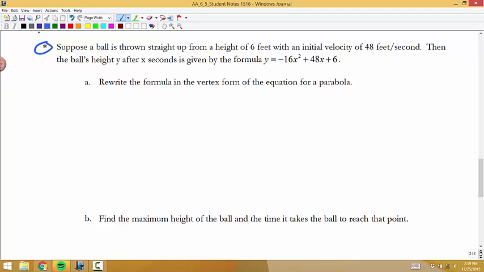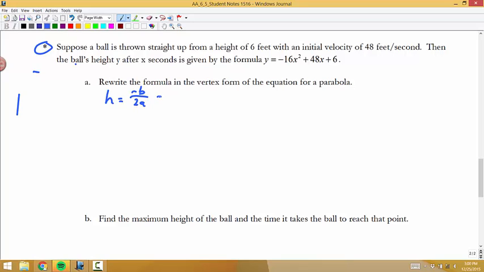It says first that we want to rewrite this equation in vertex form. To do that, I'm going to find the x value of my vertex. Remember, the x value of the vertex is our h value in vertex form. We know that h is going to be -b over 2a, and that's always the case.